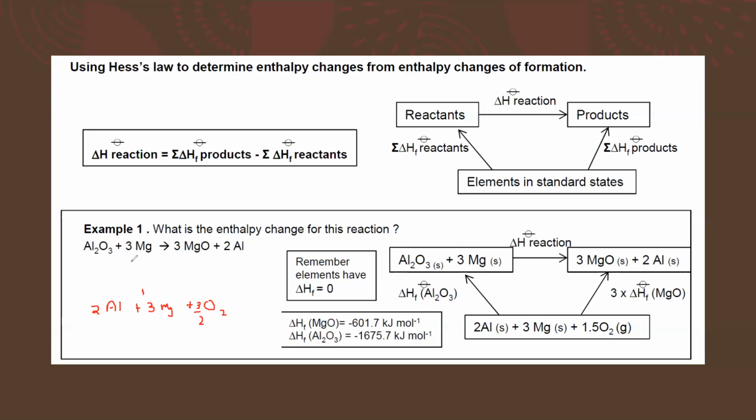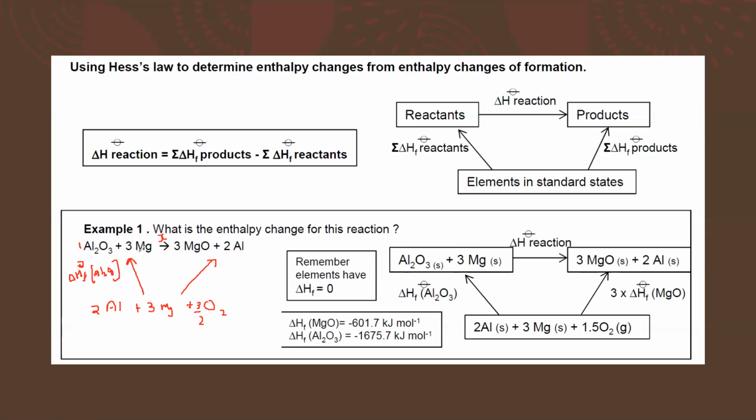Now what happened? These elements may form the reactants and the reactants form a product, or the elements directly form the product. This is the enthalpy change which we need, which is unknown; you can call it X. Now, aluminium, magnesium and oxygen react and form aluminium oxide and magnesium. If 1 mole of aluminium oxide is formed, this is the standard enthalpy change of formation of aluminium oxide.